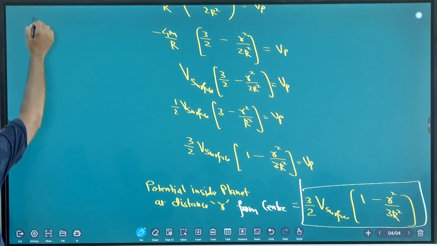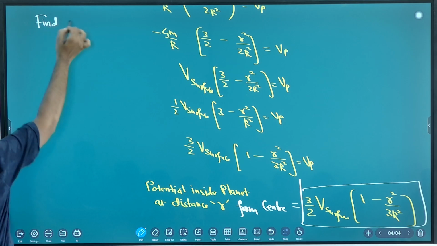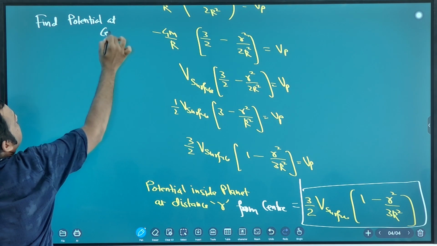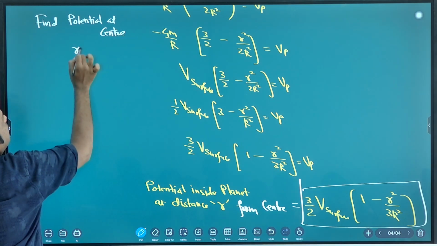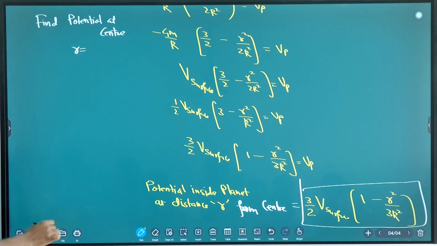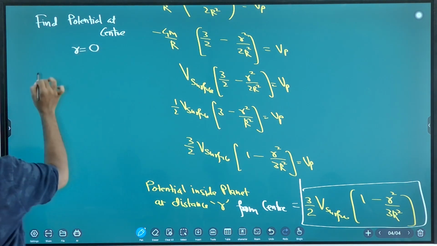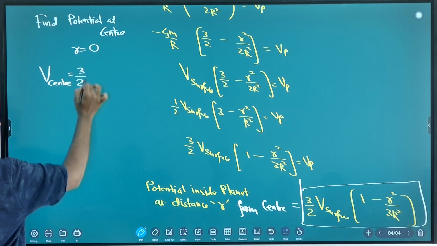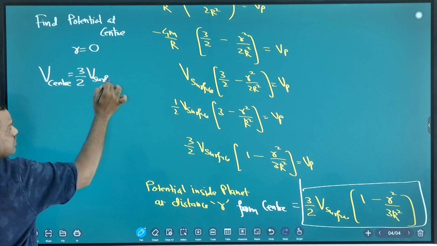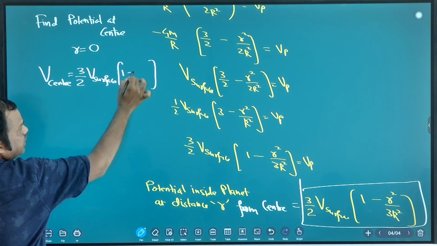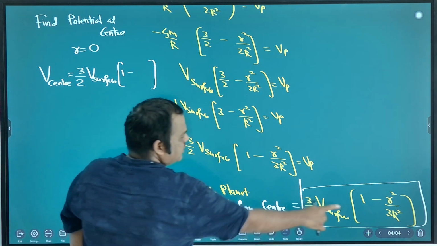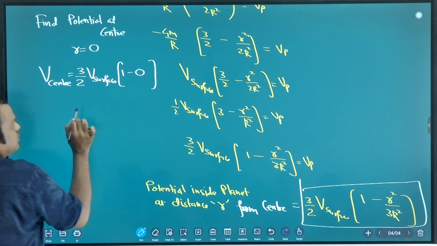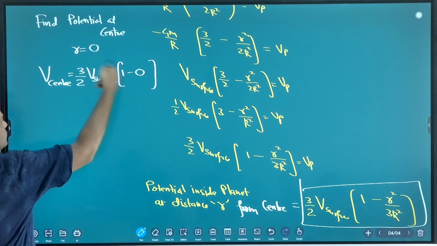So now you tell me what is the potential at the center. Find potential at center. What is the value of small r for center? 0. Very good. So what is the potential at center? 3 by 2 times potential at surface into 1 minus small r square, small r is 0, 1 minus 0.